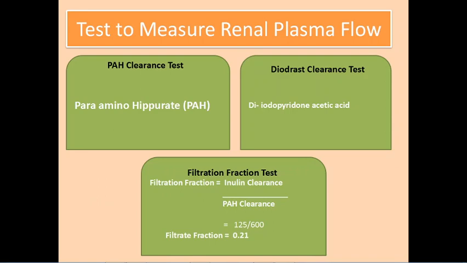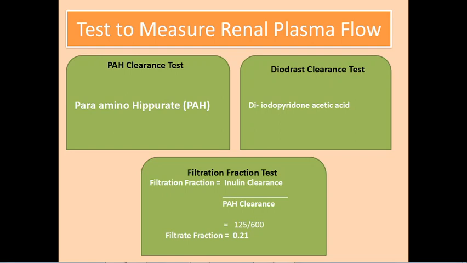The next method to assess kidney function is to measure the renal plasma flow. It can be done using the PAH clearance test, Diodrast clearance test and filtration fraction test. PAH means para-aminohippurate. PAH is filtered at the glomeruli and secreted by the tubules.